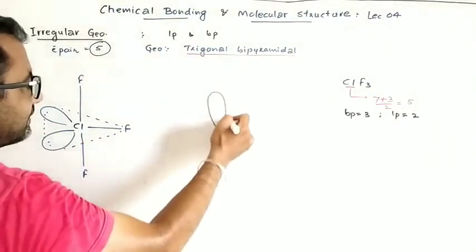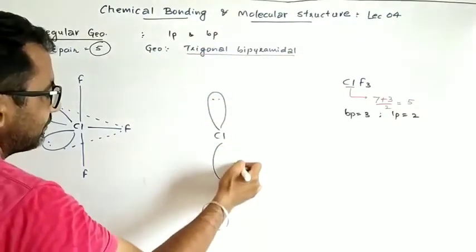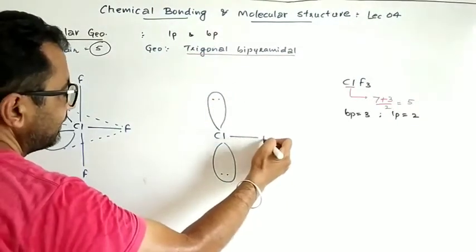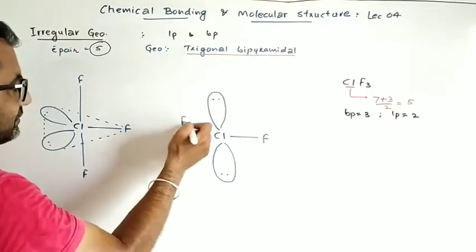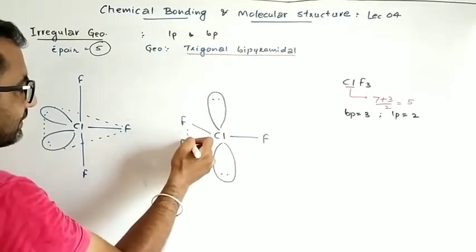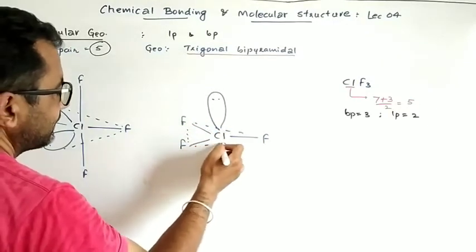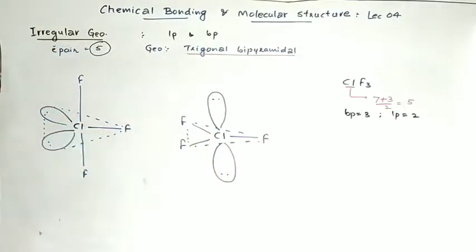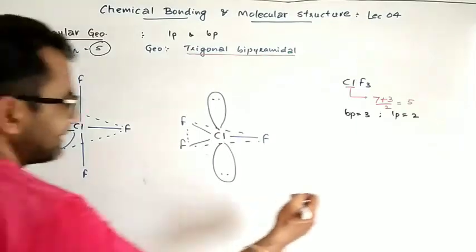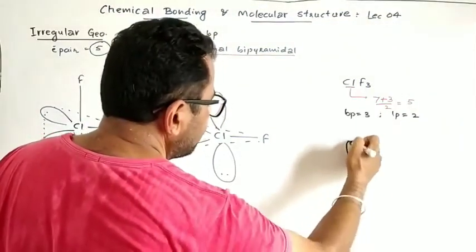Second is that both the lone pairs are at the axial position. So here both are on equatorial, here both are on axial. Third possibility is one at axial, one at equatorial.